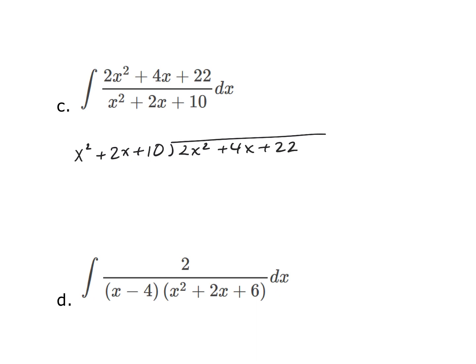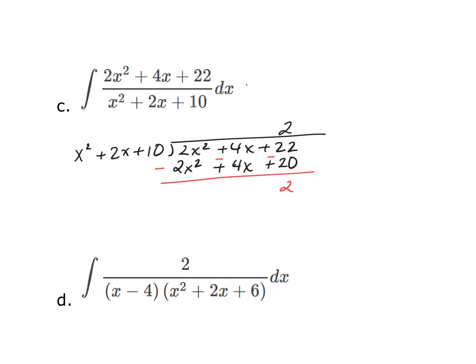So when I do this, I'm going to match coefficients, so we know it's going to be 2. So 2x squared plus 4x plus 20. Now remember, I subtract off that polynomial from the polynomial up above, and that just gives me 2 as a remainder.